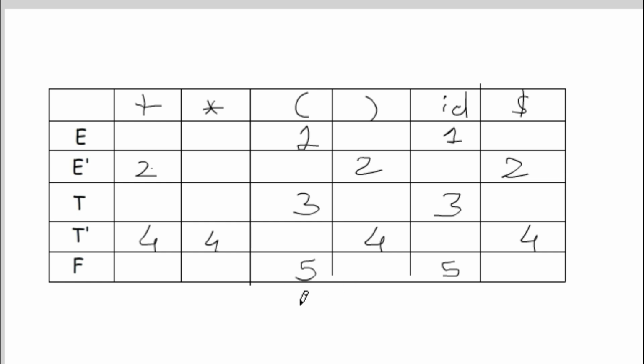Now in this table, you can see that all null productions, which is epsilon, are put under the follow set, and everything else is written in the first set. If there is a condition where there is a 3 here and there is also a 4 in the same cell, in that case we can say it is not an LL1 grammar.